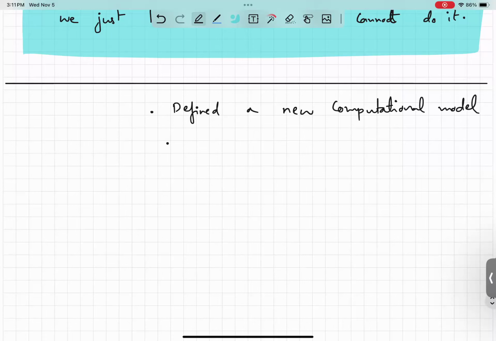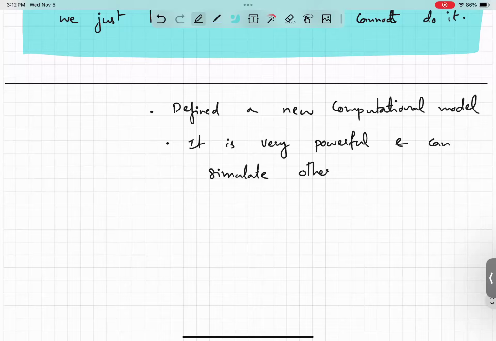This is all that we need. So it is very powerful, and can simulate other existing models.